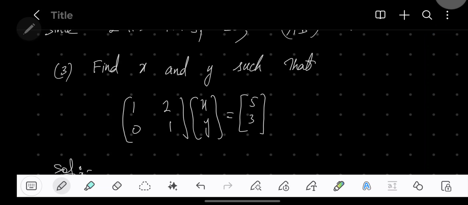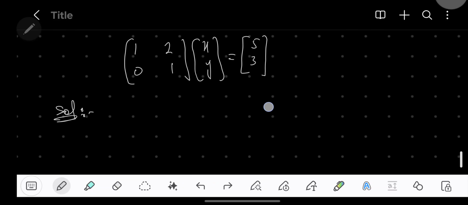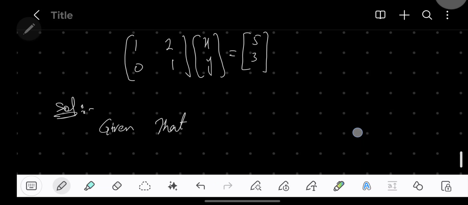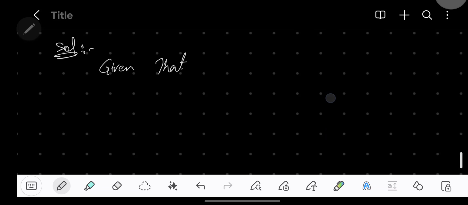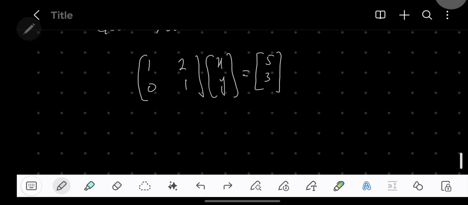Now we have the third problem. It says find x and y such that we have this matrix equation. So let's solve this problem. Since this matrix equation is given, we have to find x and y.